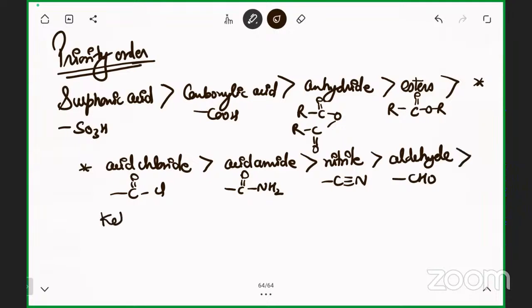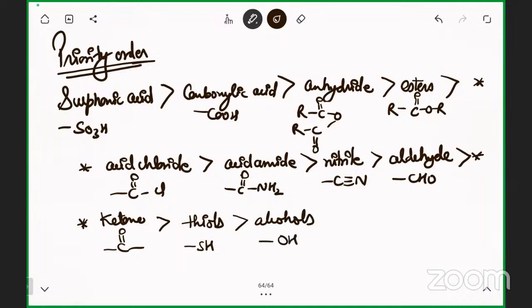Then ketone, that is C double bond O. After ketone, we have thiols, thiol is SH. Then alcohols, that is OH. Then alkenes containing the double bond, and then alkynes containing the triple bond.